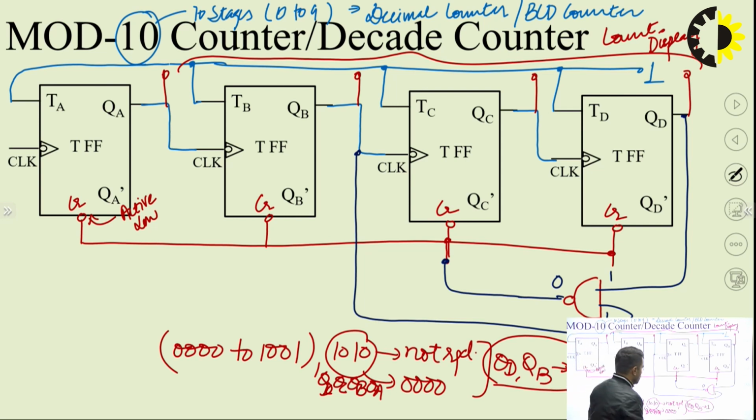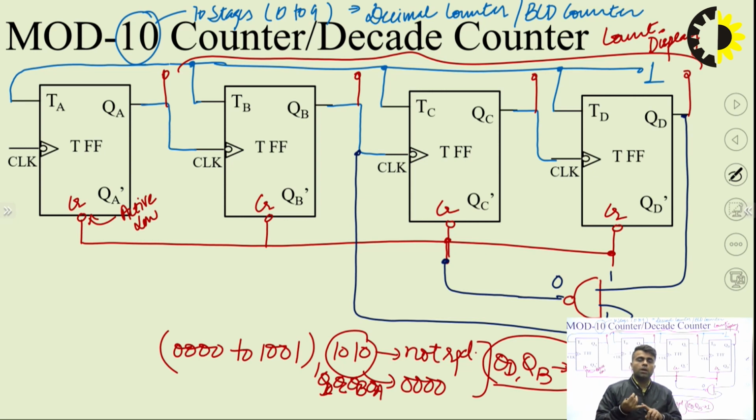Summarizing the operation again, the counter will start counting from 0, 1. And why is this counting possible from 0 to 1? Because at that point of time, all clears are deactivated. Why are they deactivated? Because they are going to be activated only when QD and QB are simultaneously 1.